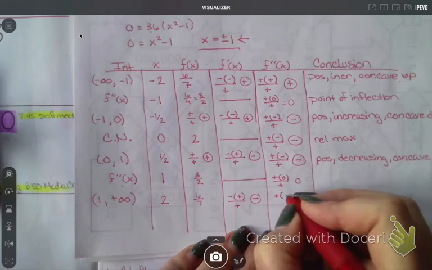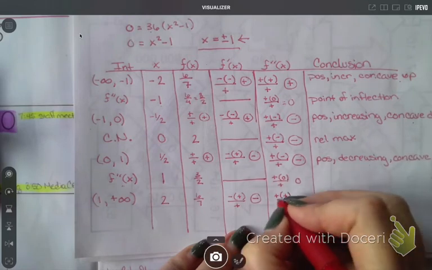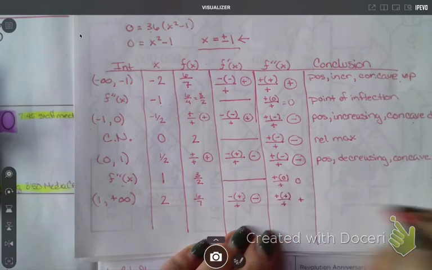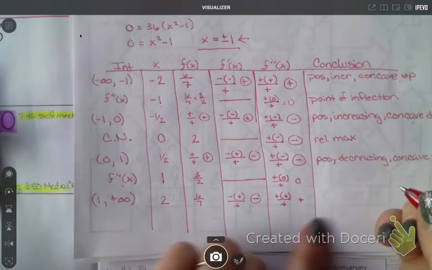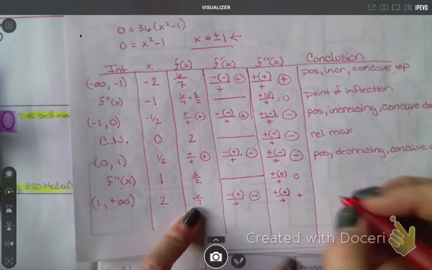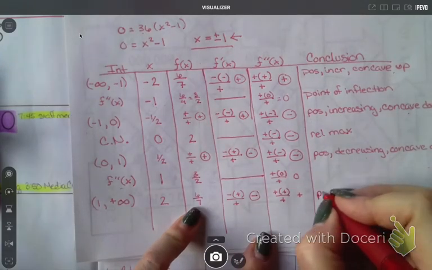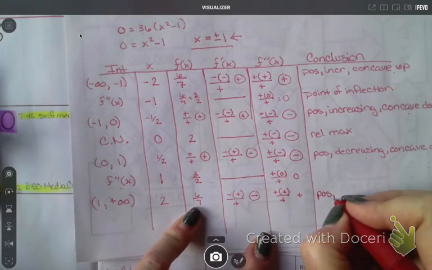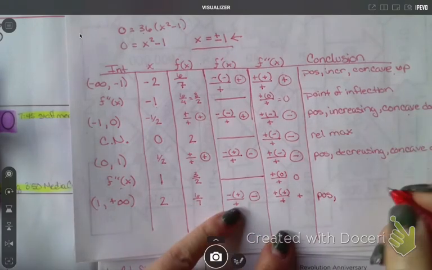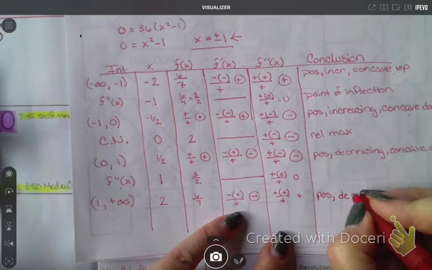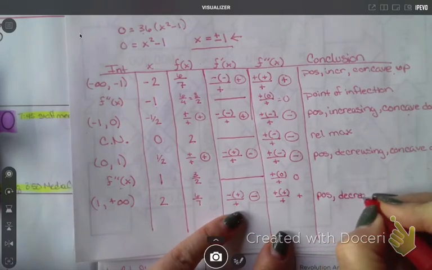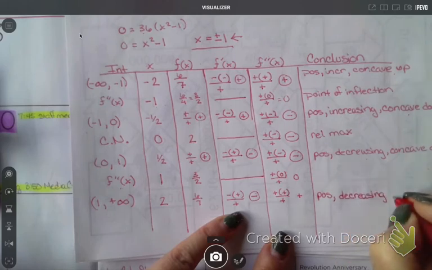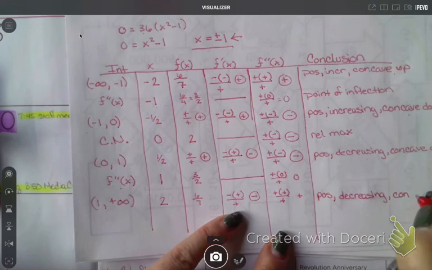Times a positive over a positive, so I get a positive. So go across to make your conclusions. So it's positive, decreasing, concave up, and you can put "con up."